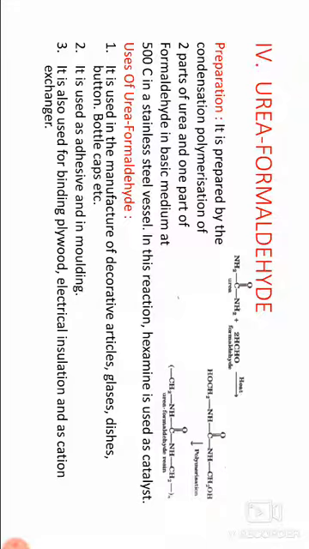In urea formaldehyde, water is lost, and Bakelite also loses water. Any chemical reaction that loses small molecules is called a condensation reaction. Because it is a polymerization reaction, it is called condensation polymerization.